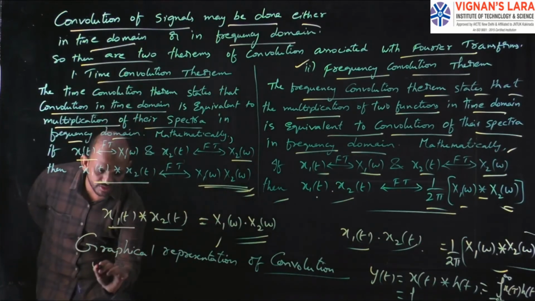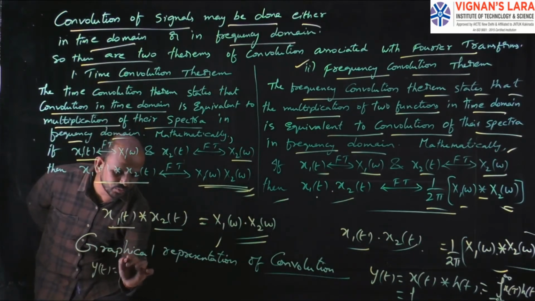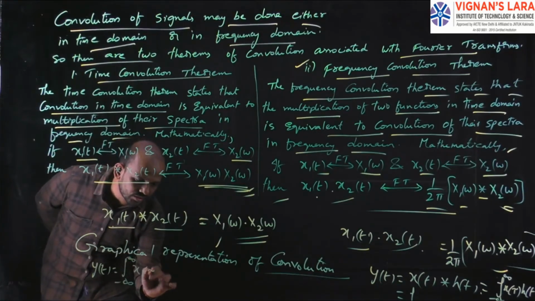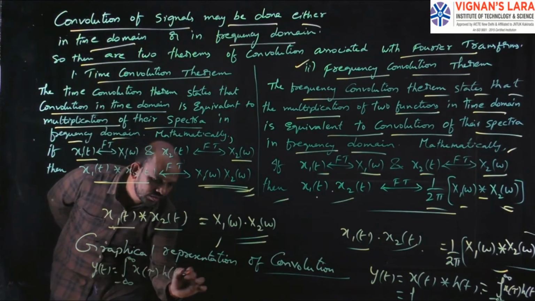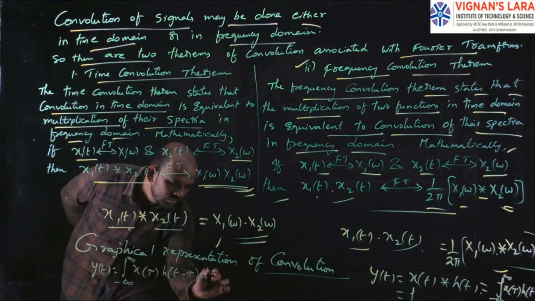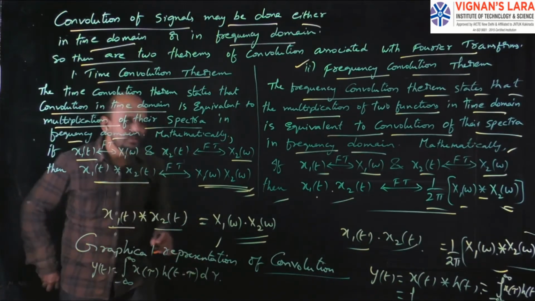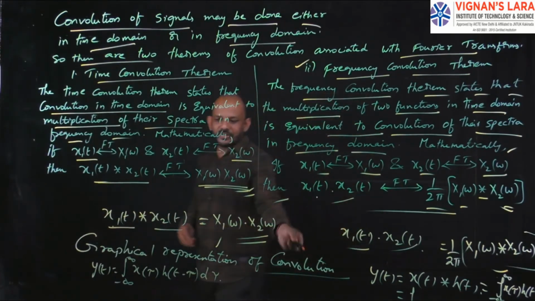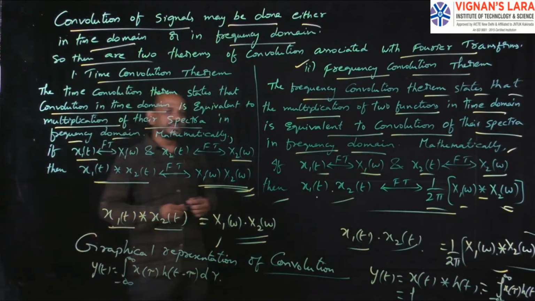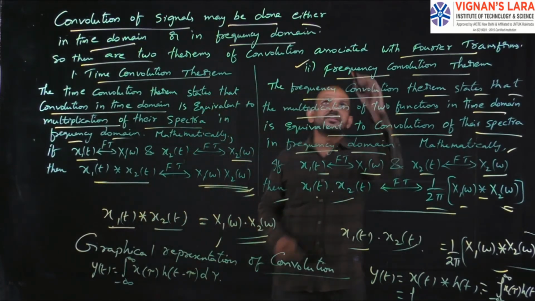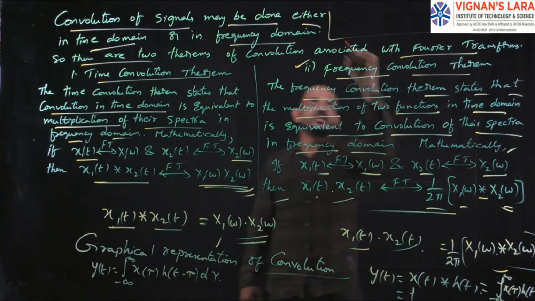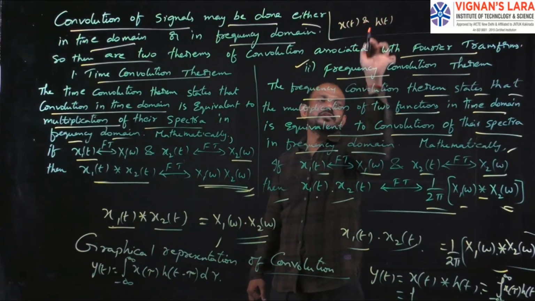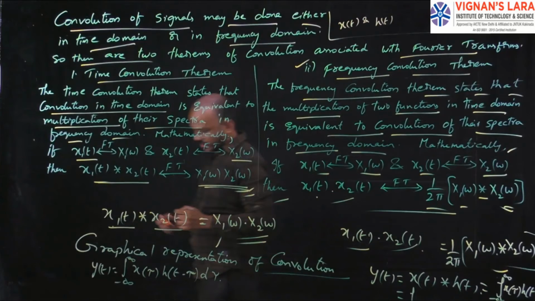So if we solve the convolution using graphical representation, they give the problem like this. So first they will give the values of x of t and h of t.